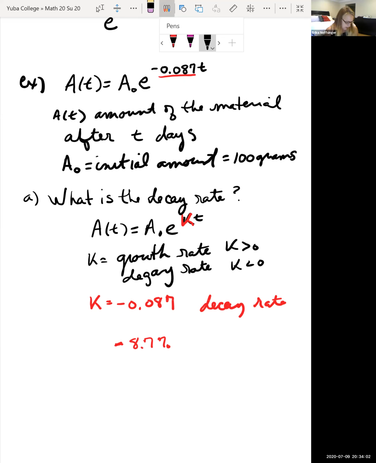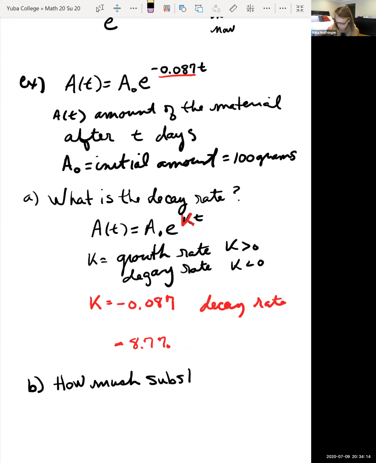Part B, how much iodine is left after 9 days? So we know what T is. Our time was in terms of days in the problem, so we don't have to convert the units.